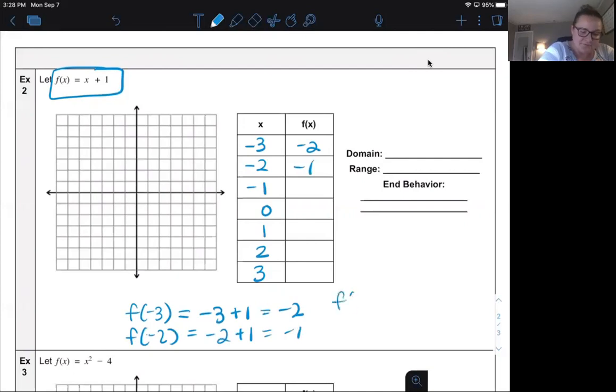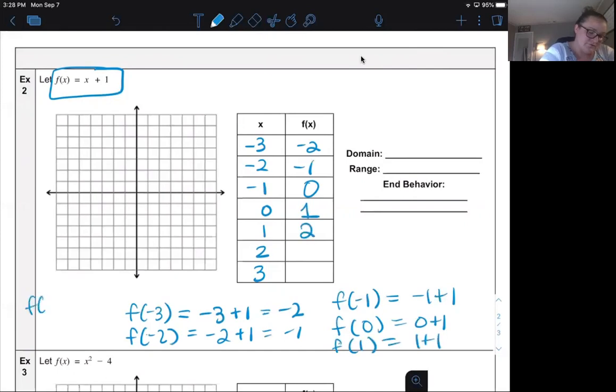F of -1 is equal to -1 plus 1, which is 0. F of 0 is 0 plus 1, which is 1. F of 1 is 1 plus 1, which is 2. F of 2 is 2 plus 1, which is 3. And f of 3 is 3 plus 1, which is 4.